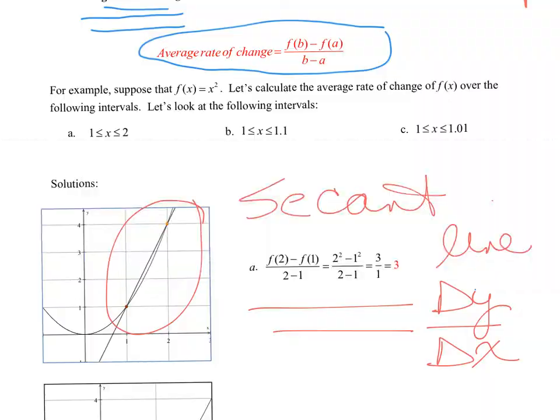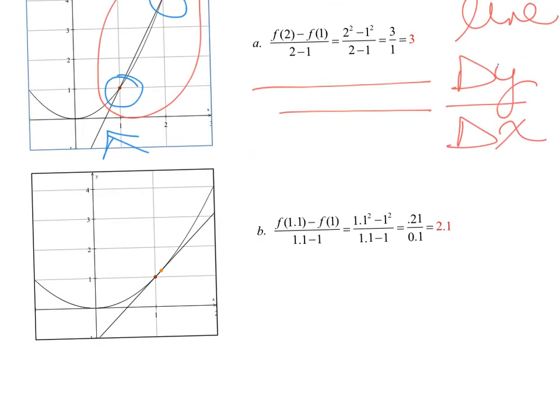That's our function, as indicated right here. So that secant line is hitting here and here, two places. So it's an average rate of change, the slope of a secant line, and we're getting a value of 3.